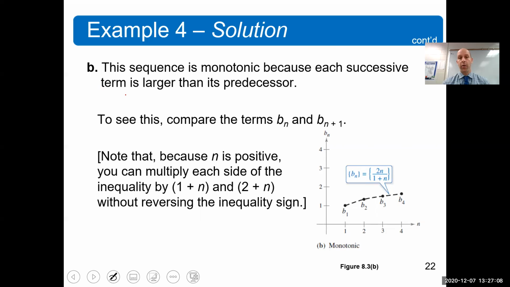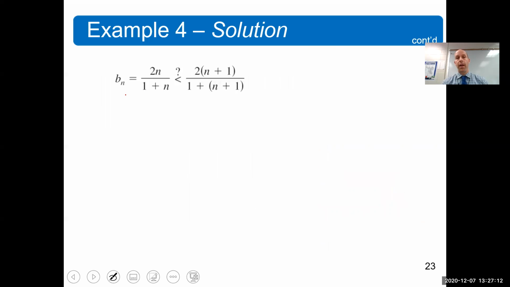And so what we're doing here is we're multiplying the numerator by 1 plus n, and then we get the following. We substituted n plus 1, and that gives us b sub n plus 1. And then we can just use some rules of algebra to simplify this. So we can go ahead and cross multiply here.